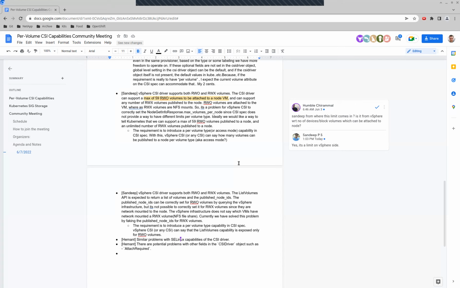That would be a fairly small change and not too painful, I don't think. But it would only address my use case and Hemon's use case. I think it wouldn't help Sandeep, and we would still be left with some of this weird grossness around, you send a create volume request and you don't know what you're going to get back.